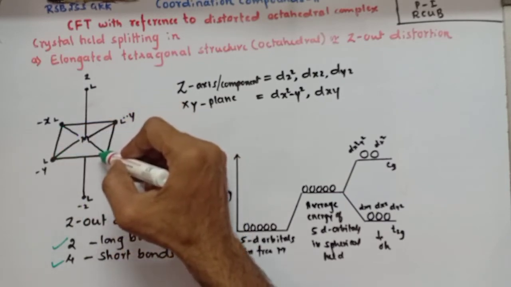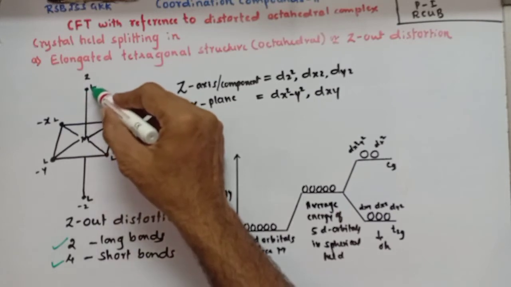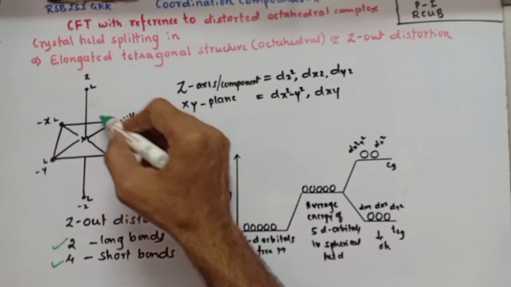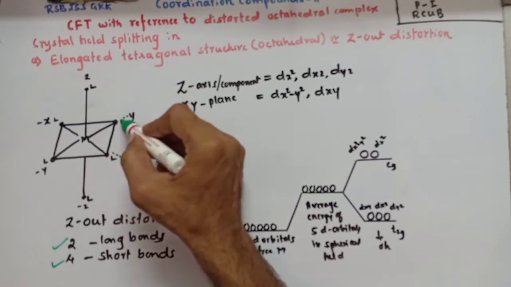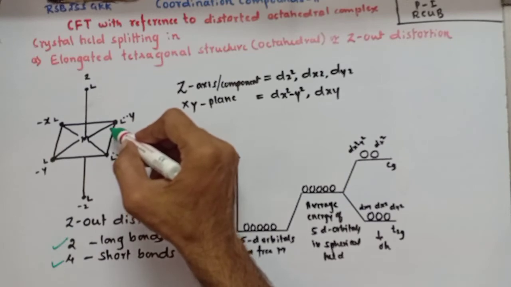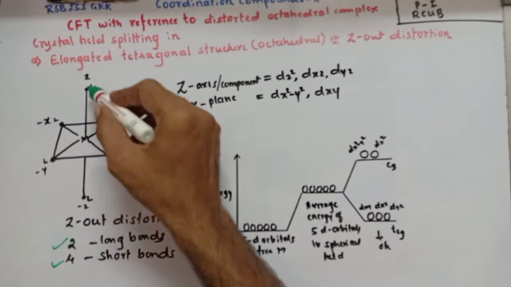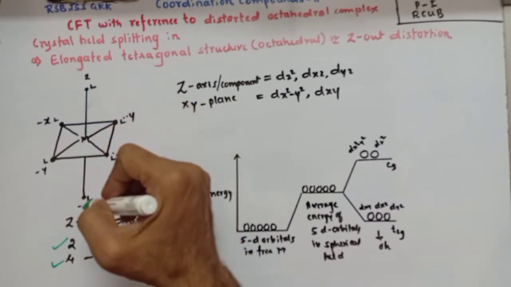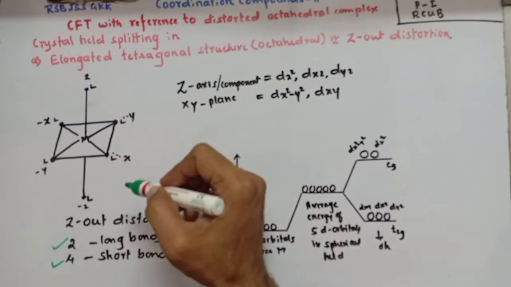So the distance of the Z axis ligands is greater when compared to the ligands present in the XY plane. As a result, the two long bonds and four short bonds structure will be formed.